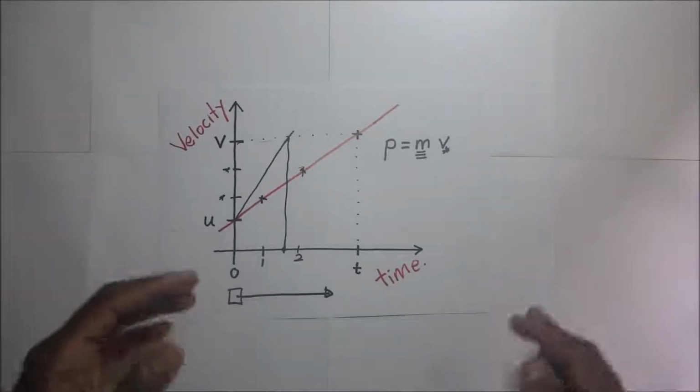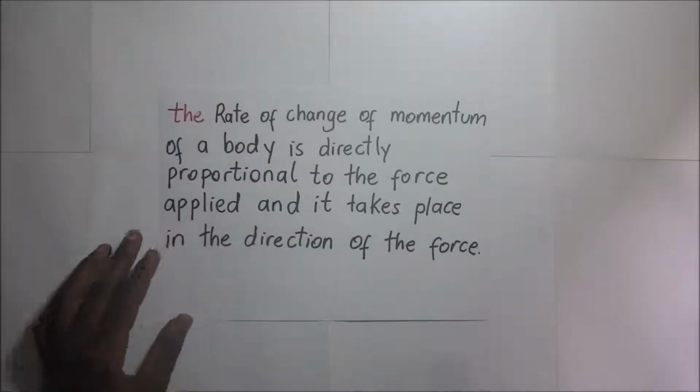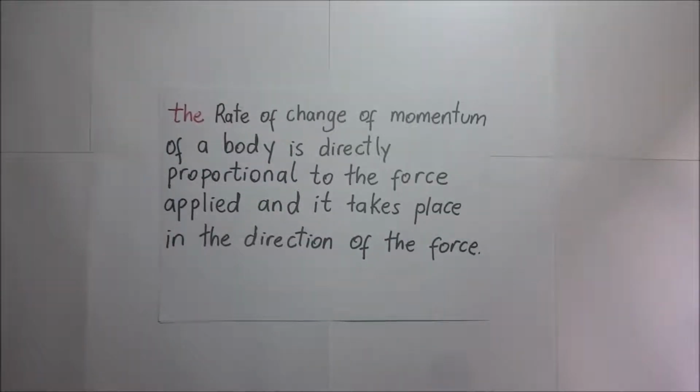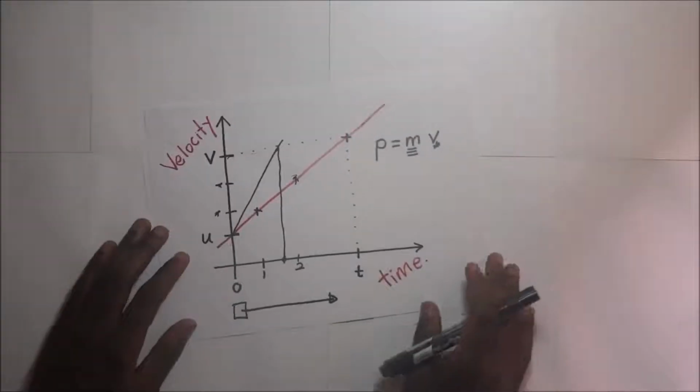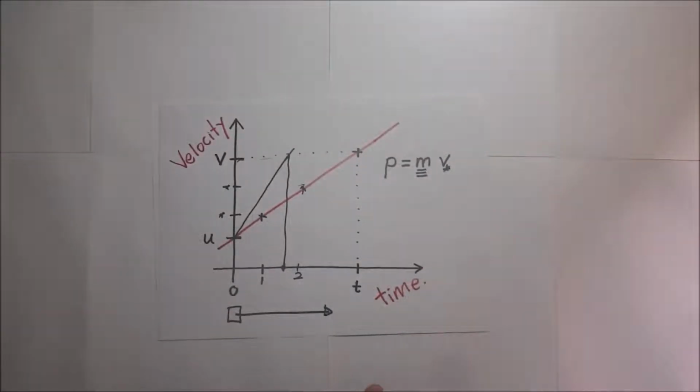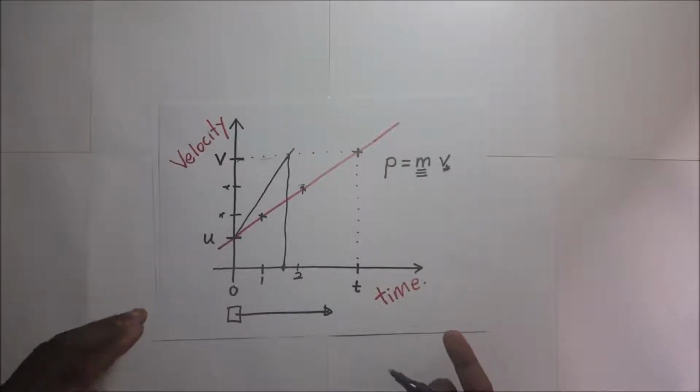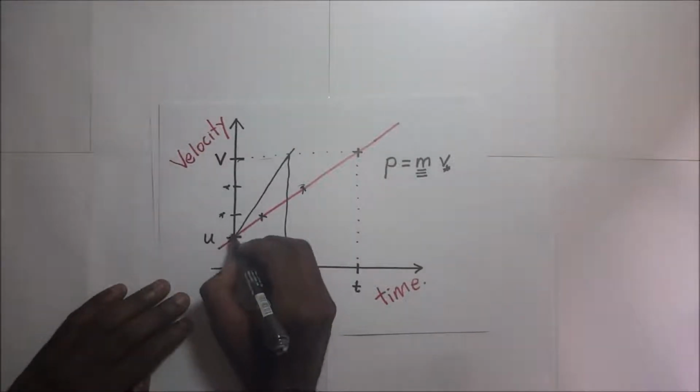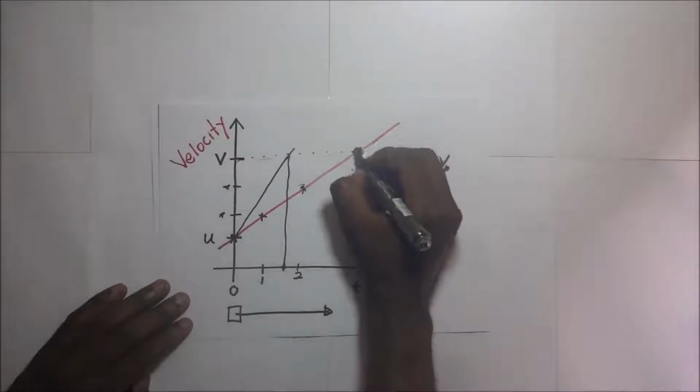So if I may restate it, Newton's second law of motion simply states that the rate of change of momentum of a body is directly proportional to the force applied, and it takes place in the direction of the force. So we say that the rate of change of momentum is directly proportional to the force applied. Let's take this point and that point.